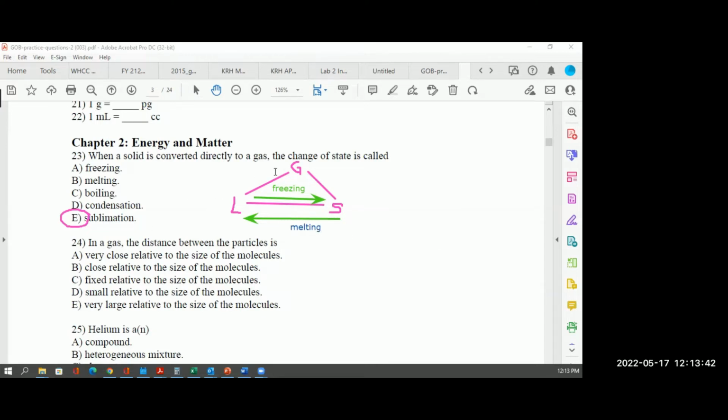If we go from a liquid to a gas, would that be condensation? No. What is boiling?